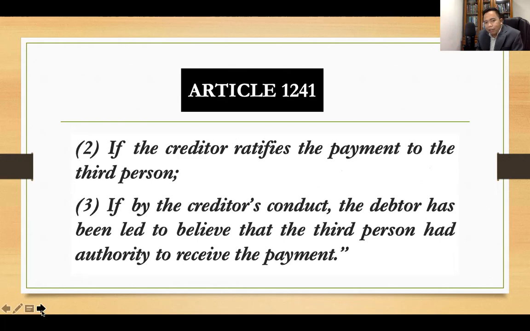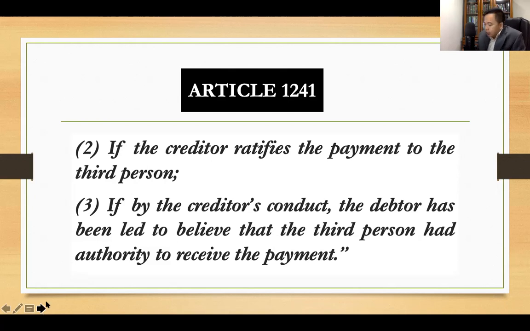Now, second, if the creditor ratifies payment to the third person. When you say ratification, if after payment, the creditor discovers the payment and he agrees, consents, or approves the payment made to the third person. Now, number three, if by the creditor's conduct, the debtor has been led to believe that the third person had authority to receive payment.